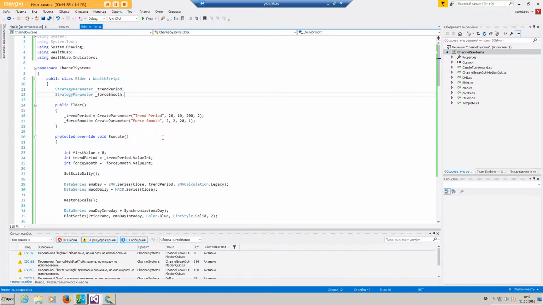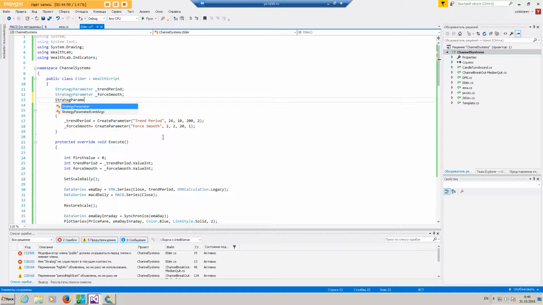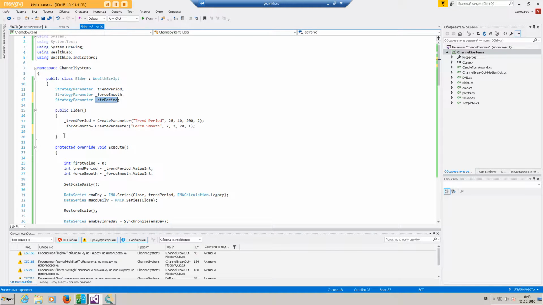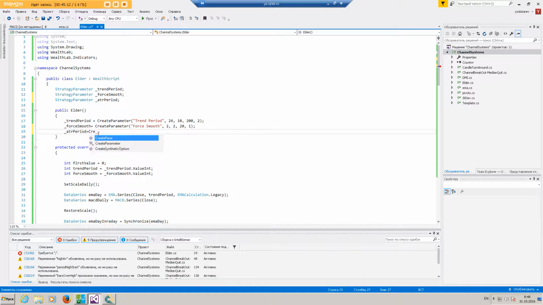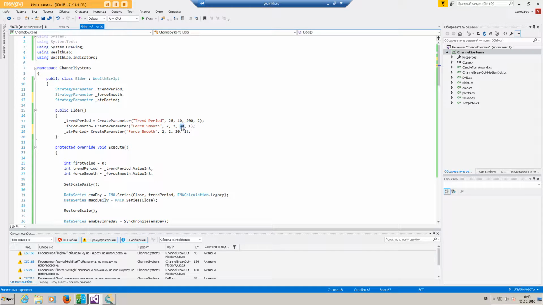So we need an ATR, and ATR is also going to have a period. ATR. Okay. And now I realize that this has to be a bit bigger.